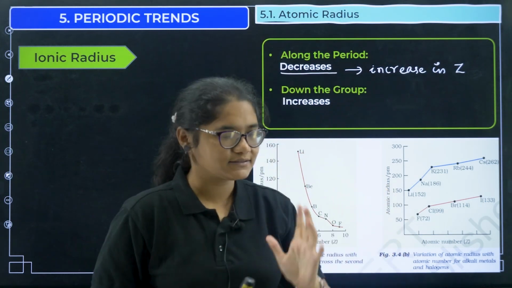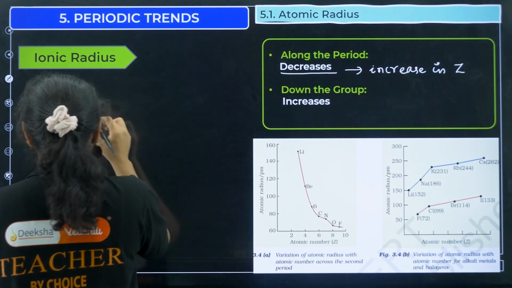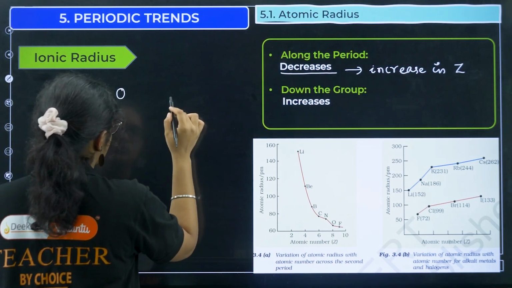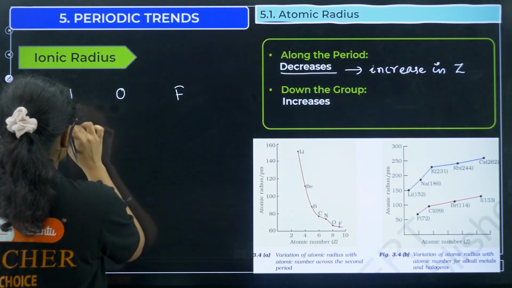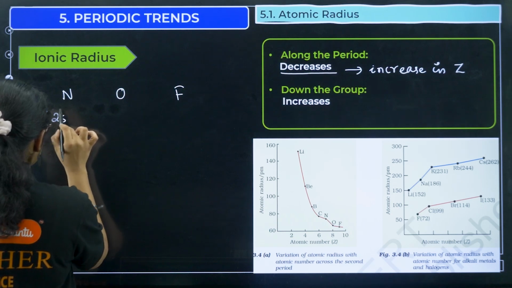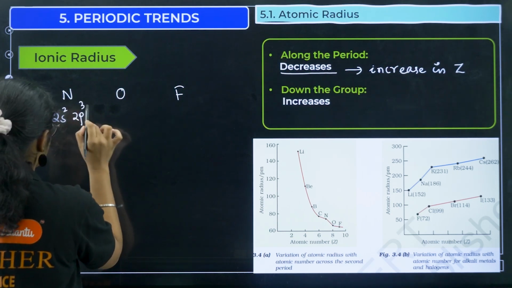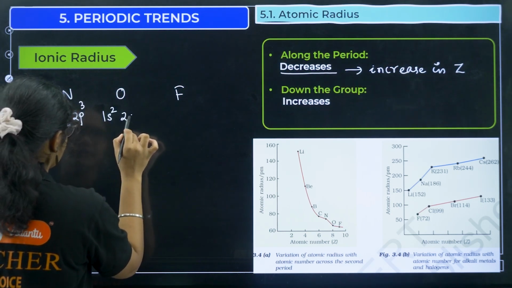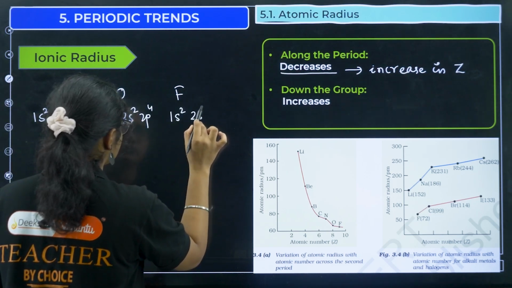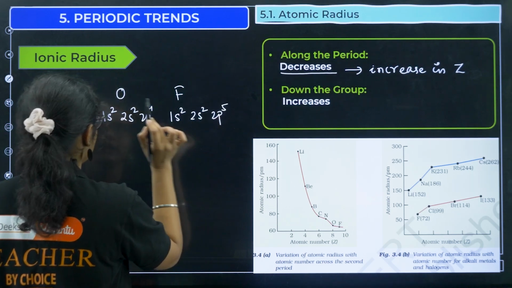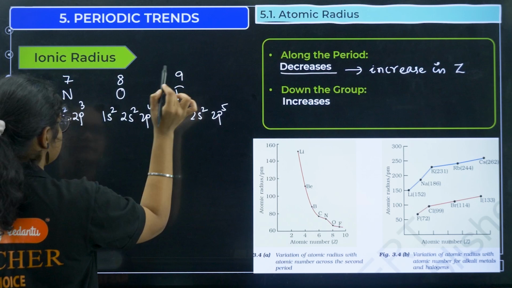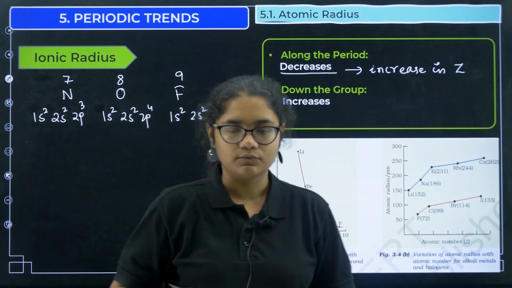Now let us understand this in a little more detail. Suppose you have nitrogen, then oxygen, and then fluorine. The electronic configuration of nitrogen is 1s2, 2s2 and 2p3. Here it is 1s2, 2s2 and 2p4, and 1s2, 2s2 and 2p5. The atomic number of nitrogen is 7, here it is 8 and here it is 9. Now just imagine the condition.